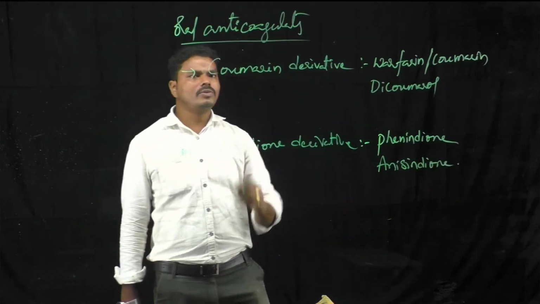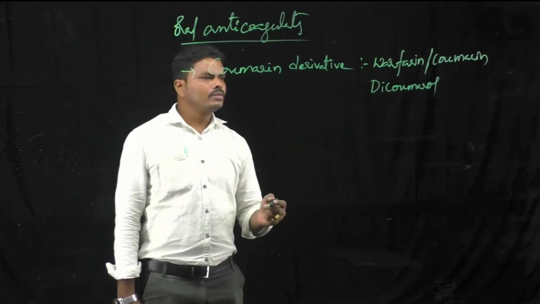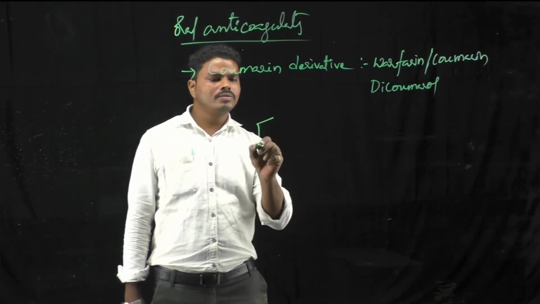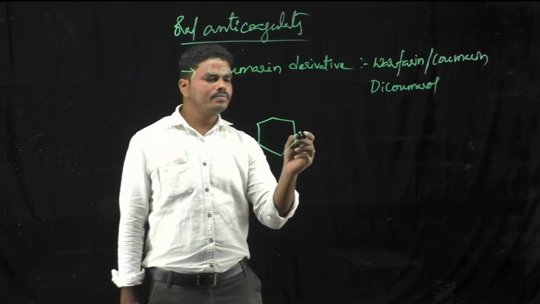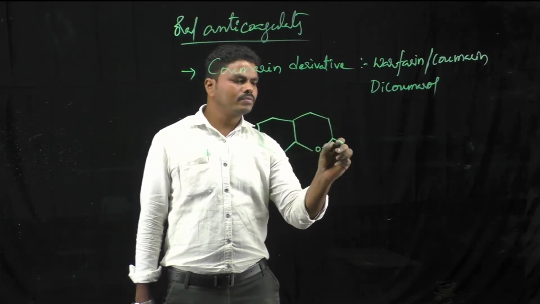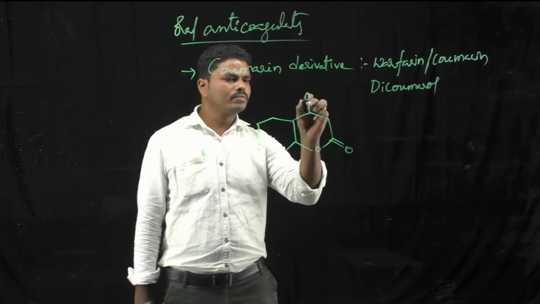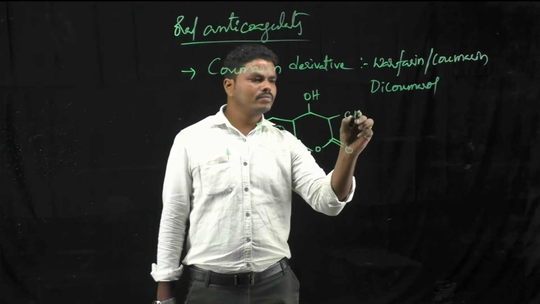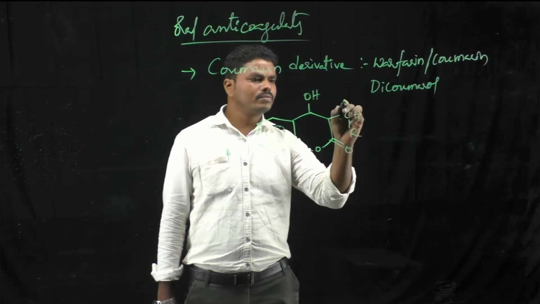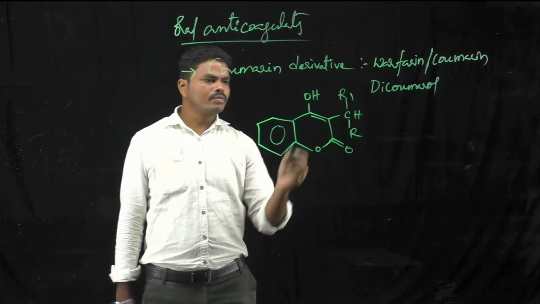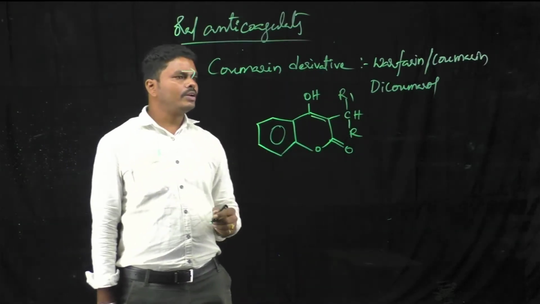First we will discuss the coumarin derivatives. So this is the general structure of coumarin derivatives, where we denote the substituents as R and R1.